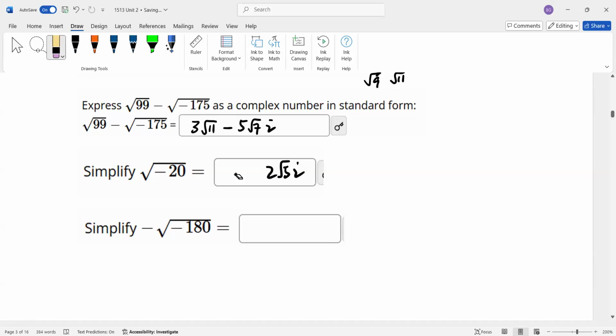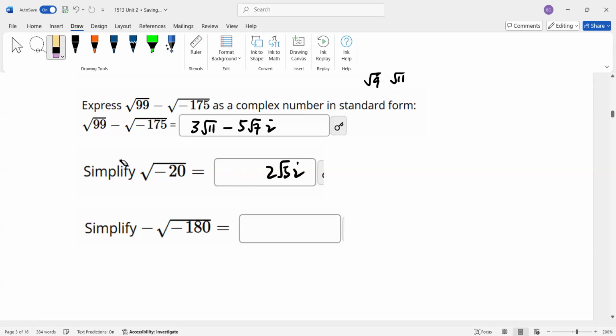The reason is that it doesn't really say write the radical in the standard form of a complex number. It just says simplify. So when we say simplify, you don't really want to have any redundancy here.